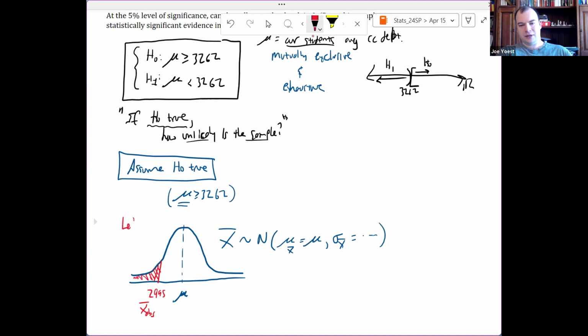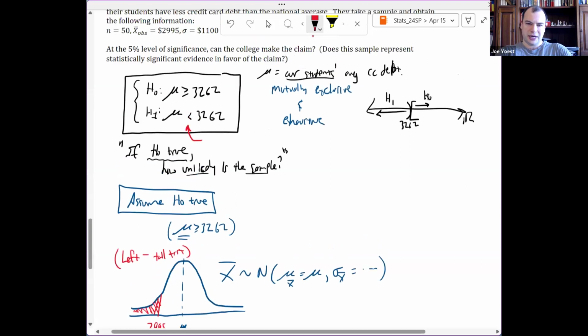We call this a left tail test. And that left tail has to do with this alternative hypothesis having a mu less than number, right? X bar observed values to the left of 2995 are stronger evidence against the null in favor of the alternative.